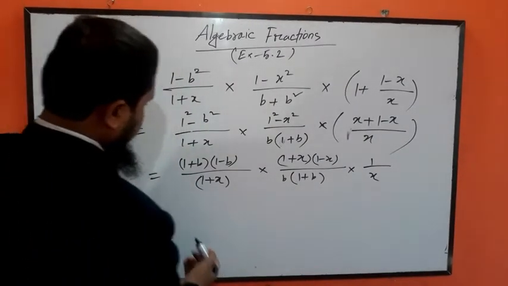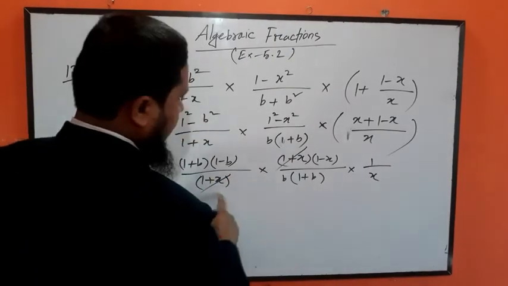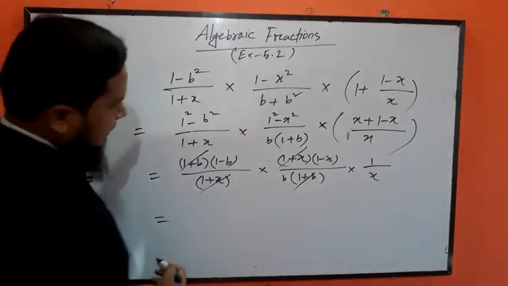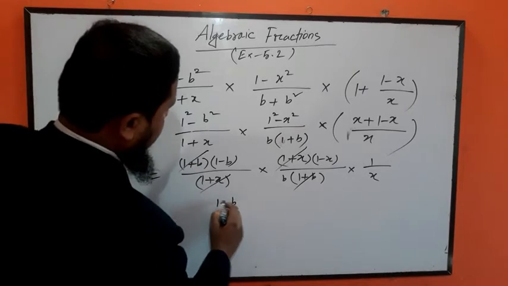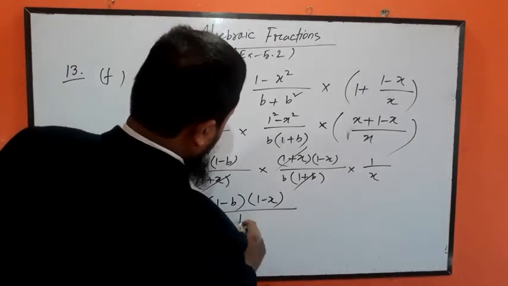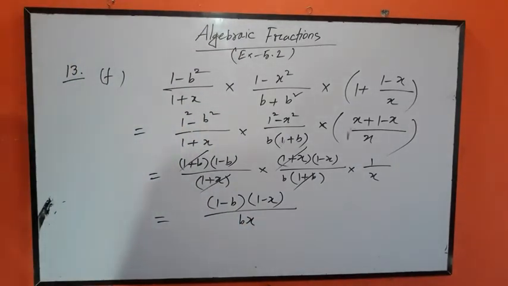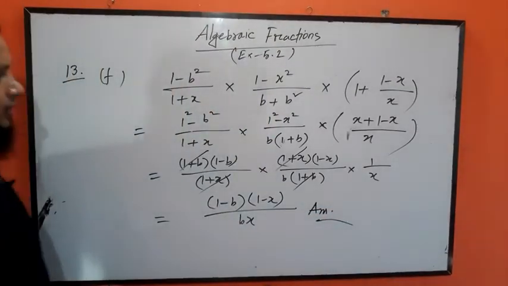So check here, this is cancelled, 1 plus x and 1 plus x are the same. Here remaining 1 minus b, 1 minus x and bx. This is the answer, smallest form.